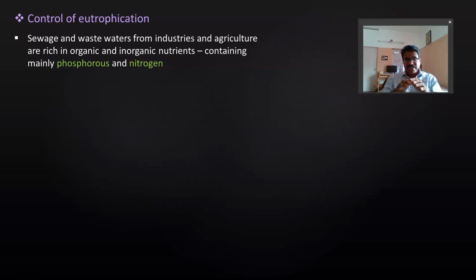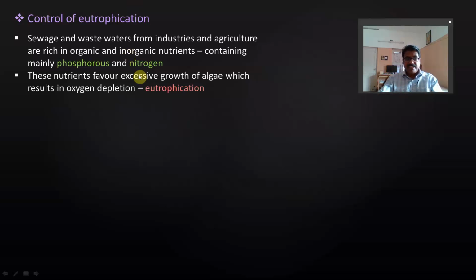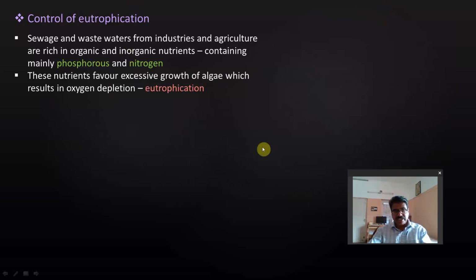These nutrients contain mainly phosphorus and nitrogen, and this will result in the huge growth of plankton and microalgae. These nutrients favor excessive growth of algae, and ultimately this results in oxygen depletion, and thereby animals cannot get sufficient dissolved oxygen for their life. This phenomenon is called eutrophication.